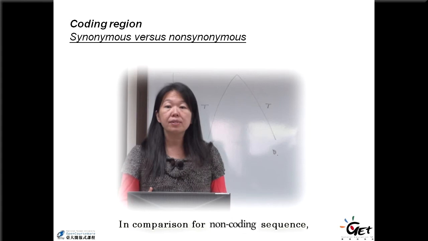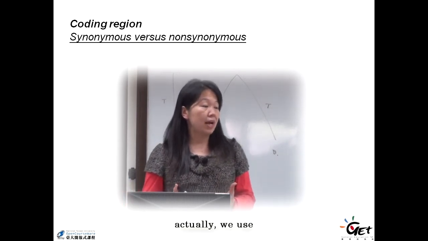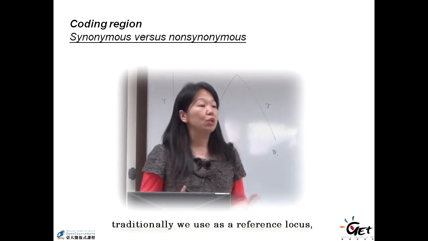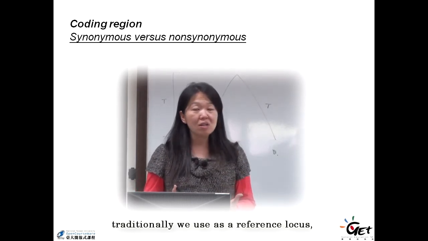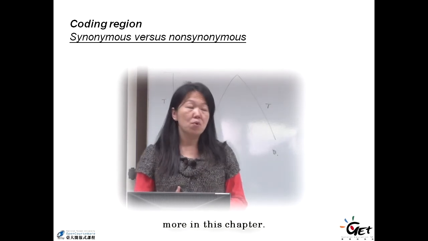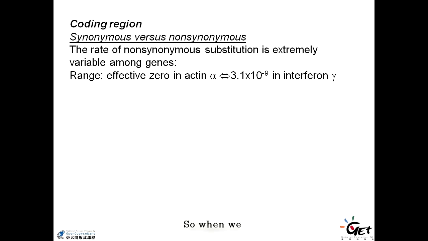In comparison, for non-coding sequences, traditionally we use a reference locus, like the pseudogene we talked about, and we'll use that more in this chapter.